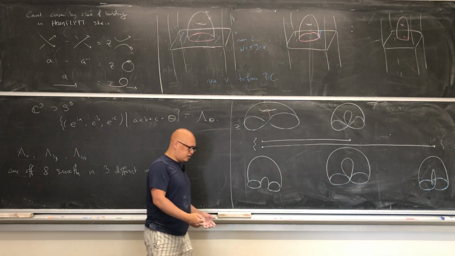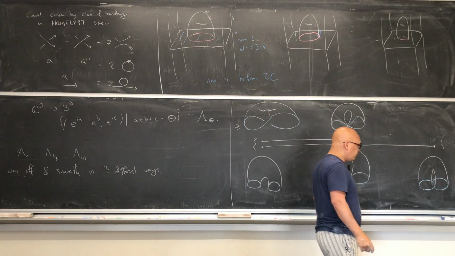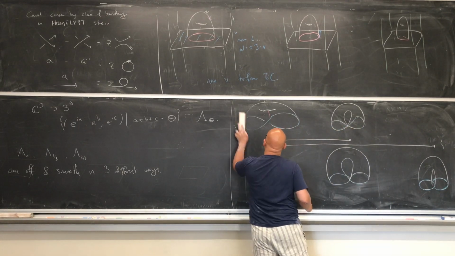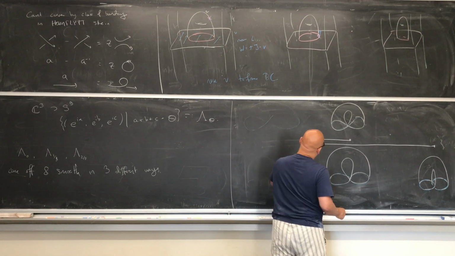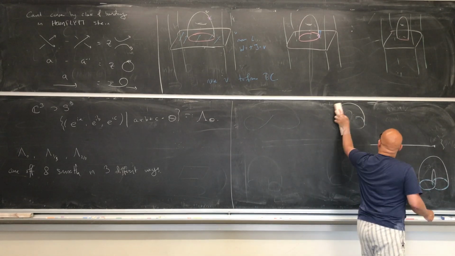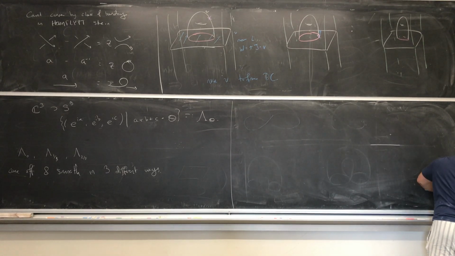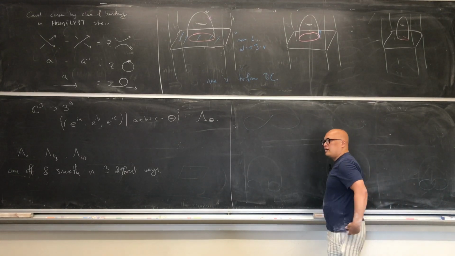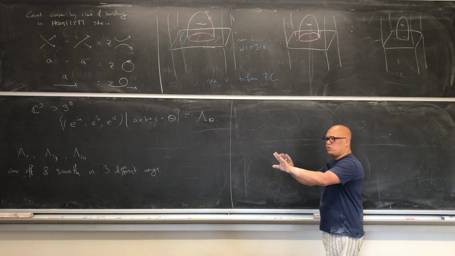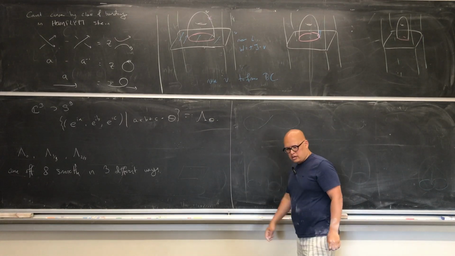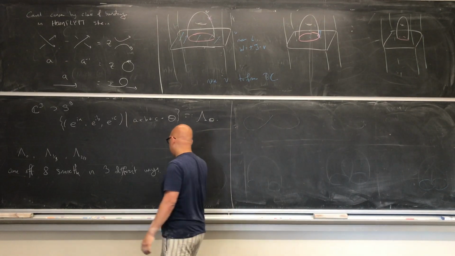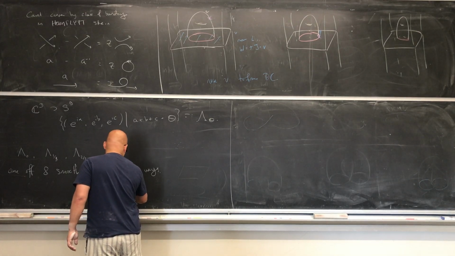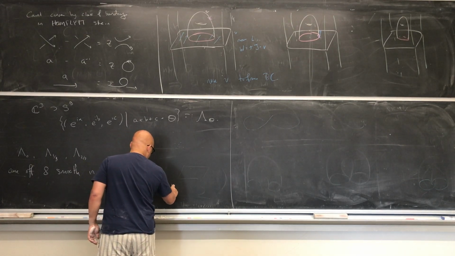So that's the Lagrangian on which we'll count holomorphic curves. The topology is of a solid torus.